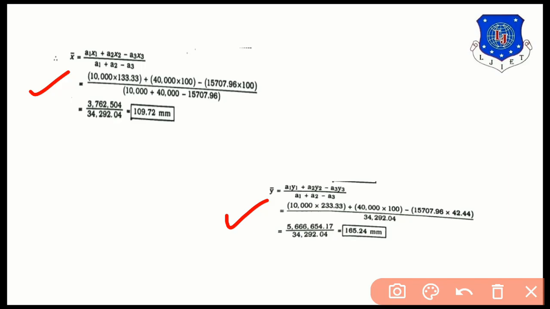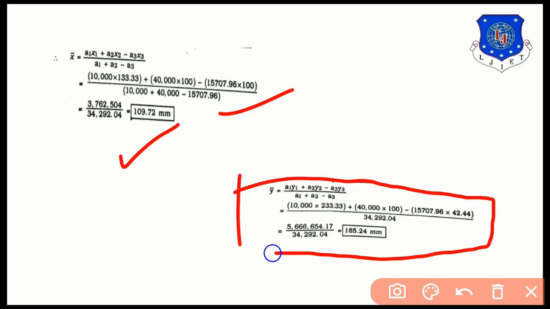Means in the formula x bar is equal to a1 x1 plus a2 x2, but the third part is minus, so minus a3 x3. Similarly in the denominator a1 plus a2, but the third part is minus a3. By replacing all the values calculated earlier, we can get the answer of x bar as 109.72 mm. So it is the calculation of x bar. Similarly, we can calculate y bar also.